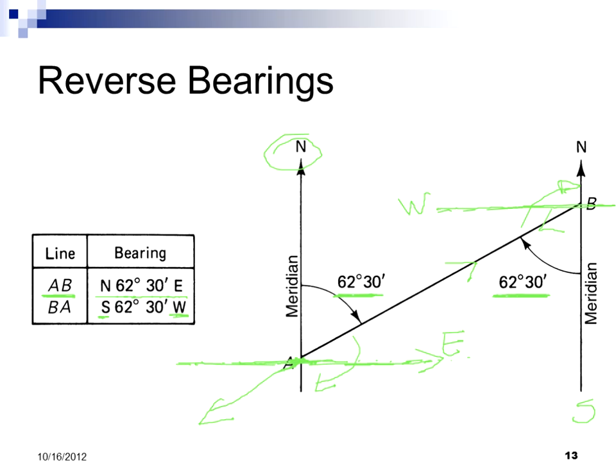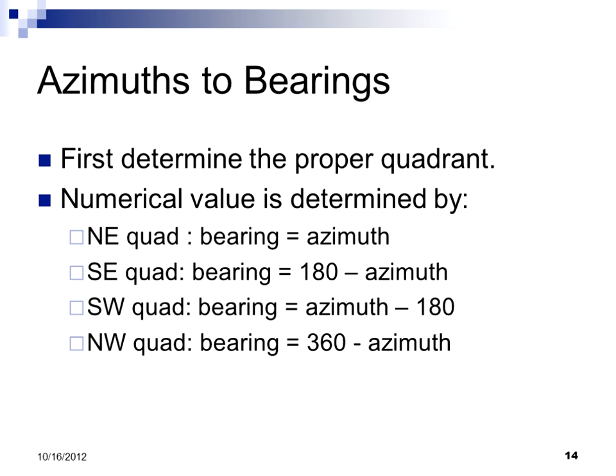So where is all of this taking us? Well, let's look at a couple examples really quick. Here's where all of this is taking us. We need to be able to convert back and forth between azimuths and bearings.